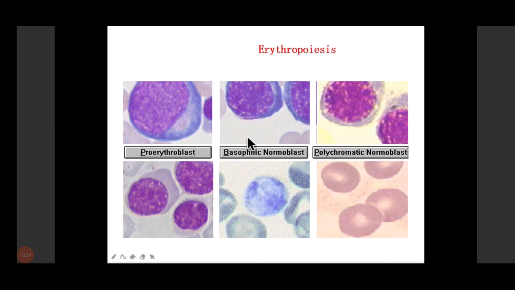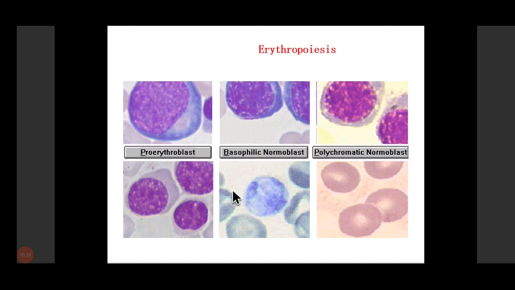Before the RBCs are released into peripheral circulation, the nucleus becomes pyknotic and is then extruded. So when it comes to the peripheral circulation, the first thing that forms is your reticulocyte. The reticulocyte remains in circulation for a day, and then you have the red cells, which are the anucleated cells.